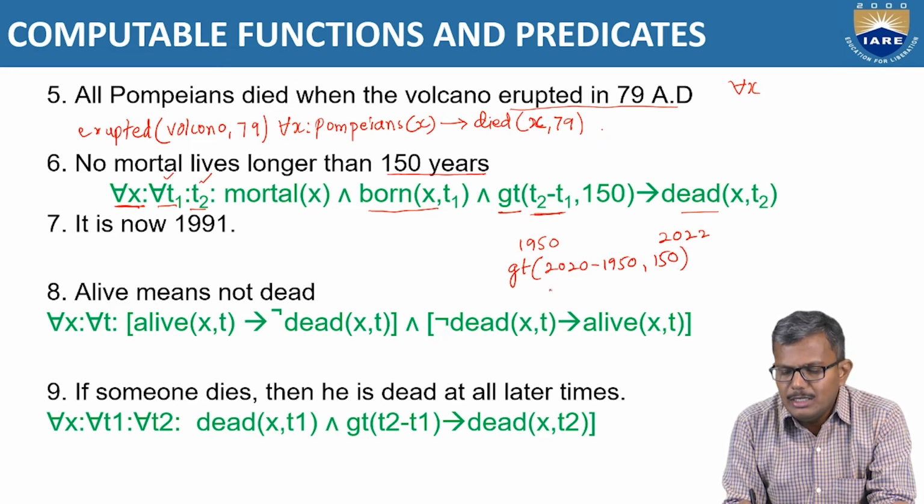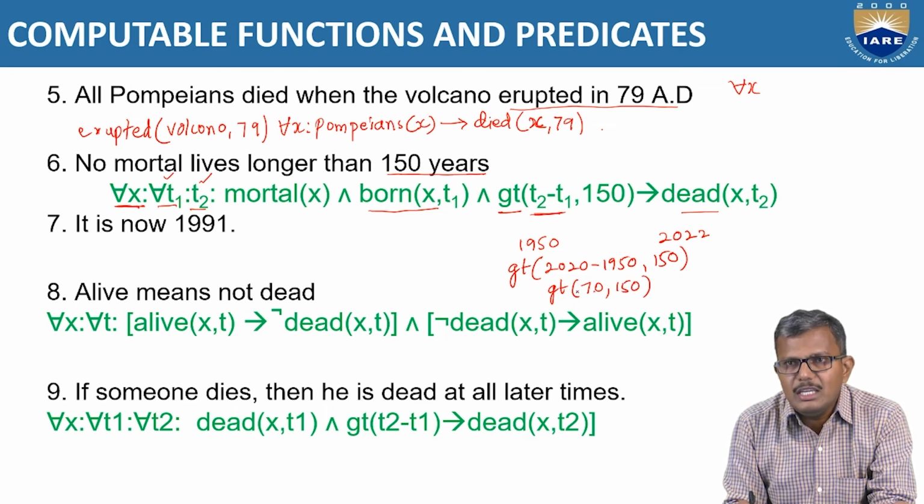So how will it be? It is going to simplify like this. GT 70, meaning the difference between these two. 70, 150. Is 70 greater than 150? It is not true. Like that you have to simplify the things.